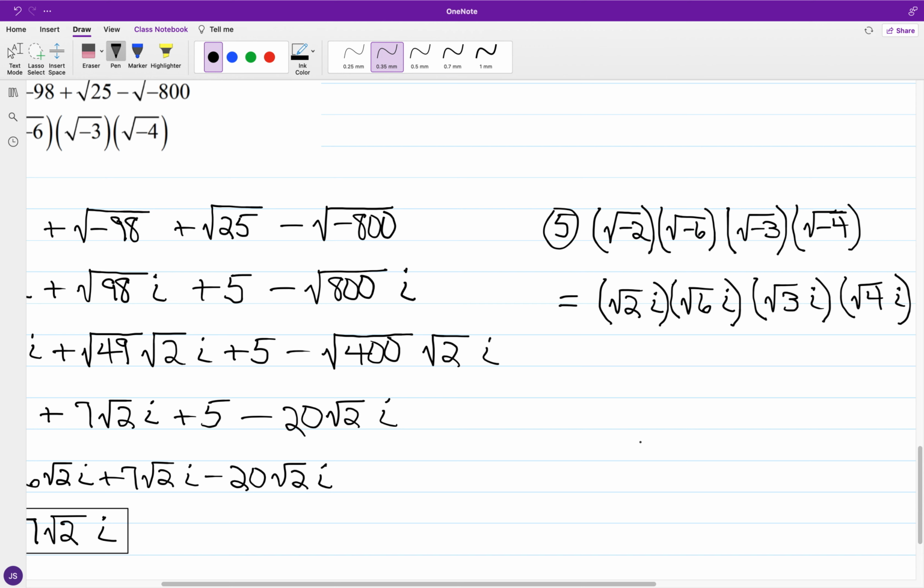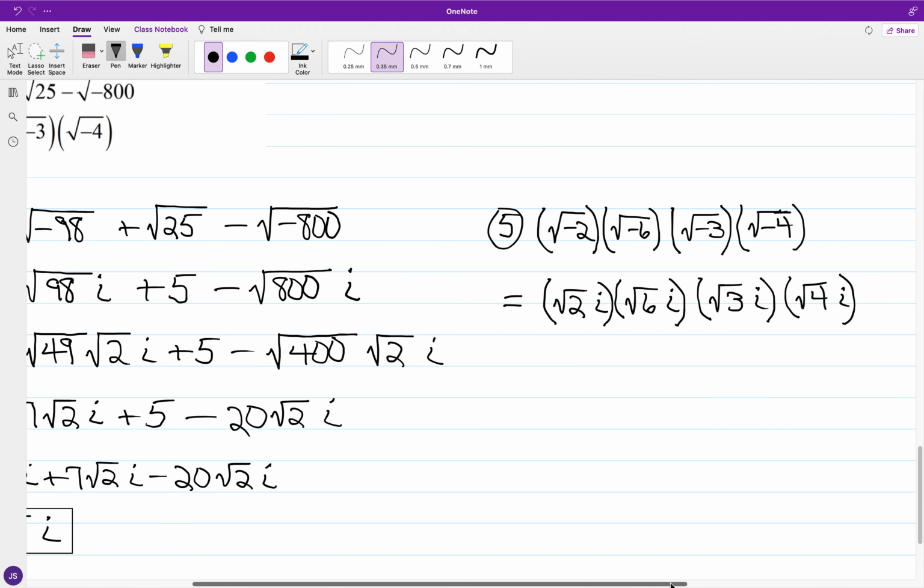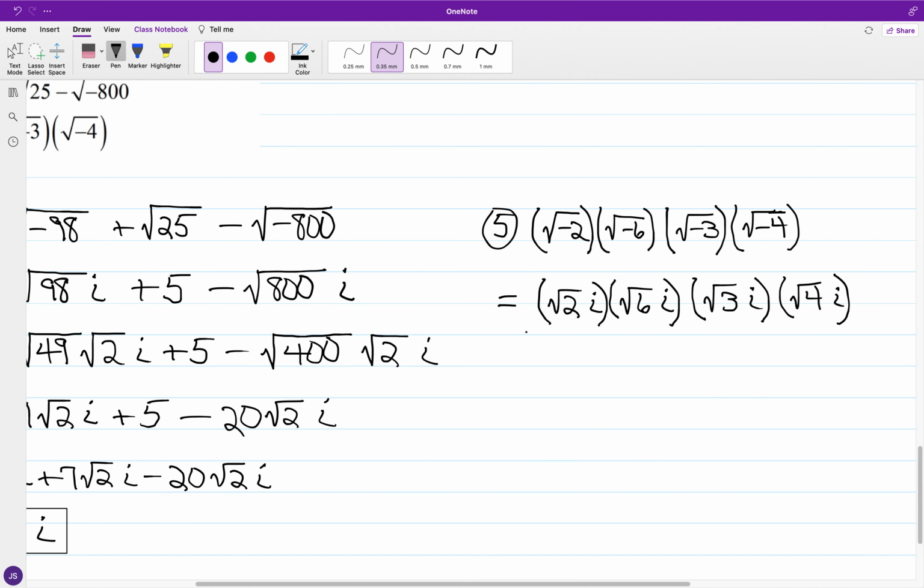So all the numbers inside the radical are positive upon extracting the representation of the square root of -1, which we have in the letter i. Now, again, there are different routes you can follow in arriving at the solutions.